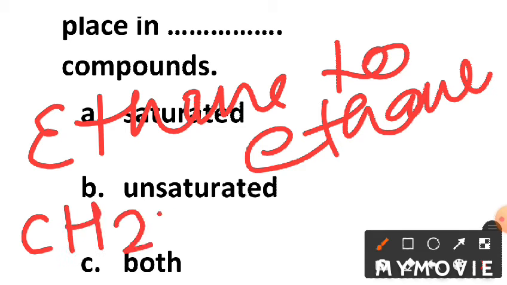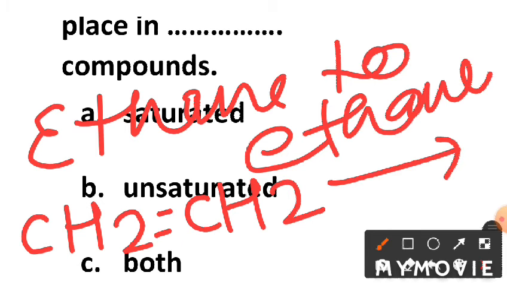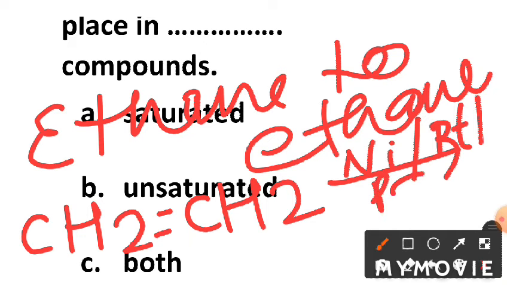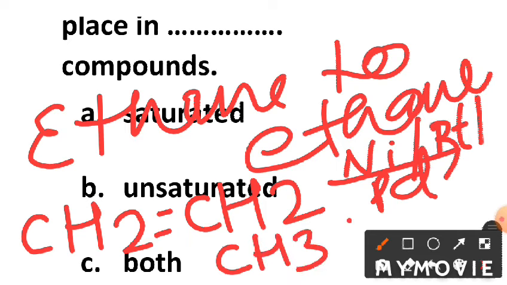CH2 double bond CH2, in presence of catalyst nickel or platinum, H2 is added and forms ethane, CH3 single bond CH3.